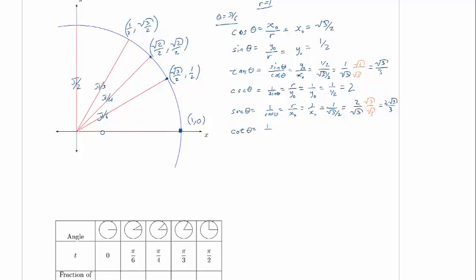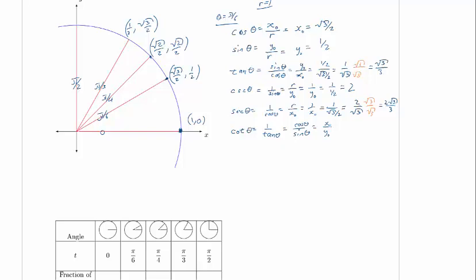Now for cotangent theta, this is 1 over tangent theta, which equals cosine theta over sine theta, which is just the x-coordinate divided by the y-coordinate. Notice that the two radius terms would have canceled each other out.